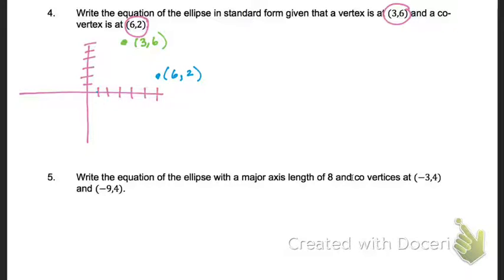Now, to find your (h, k), it is where they meet in the middle. So it's going to take the x value of the vertex and then the y value of the co-vertex. So imagine meeting in the middle. What would this center point be?